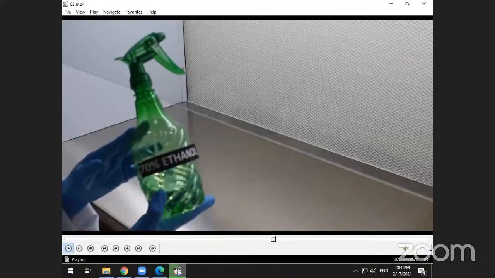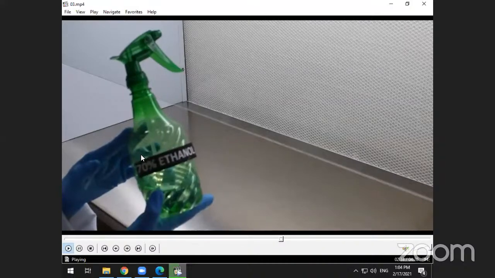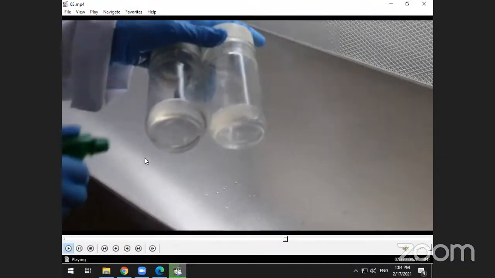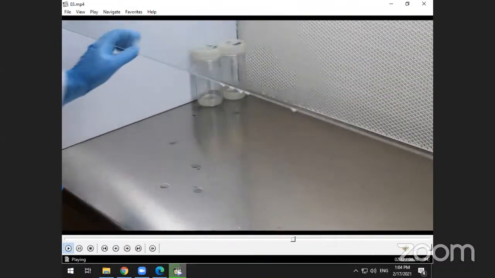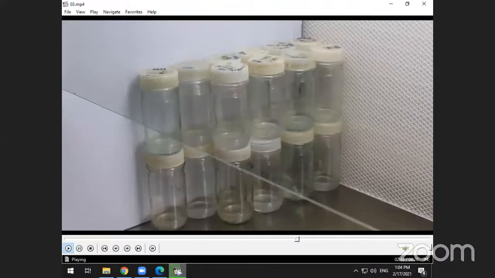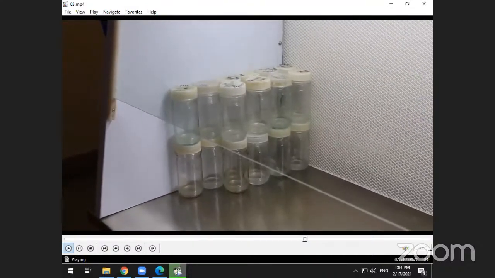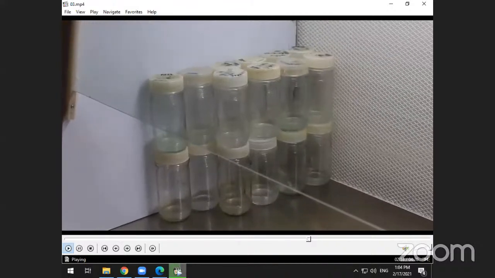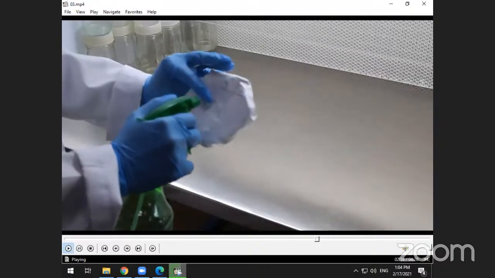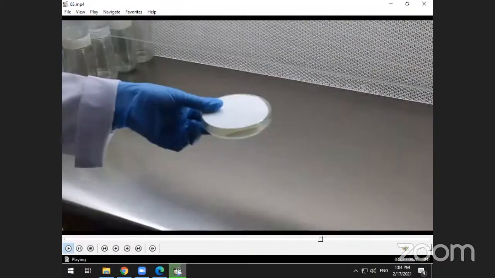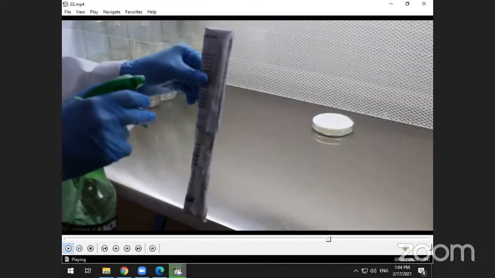Disinfect all the objects with 70% ethanol you are planning to use during your experiment or need to bring into the hood, like media jars, autoclaved Petri plates, sterilized tools.